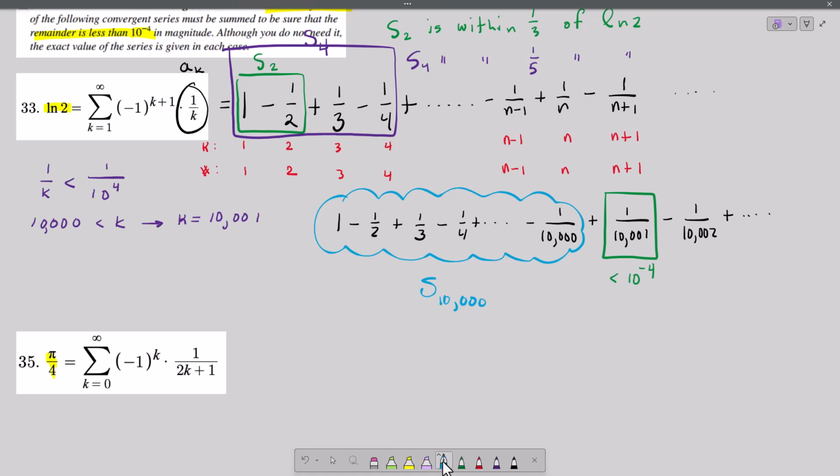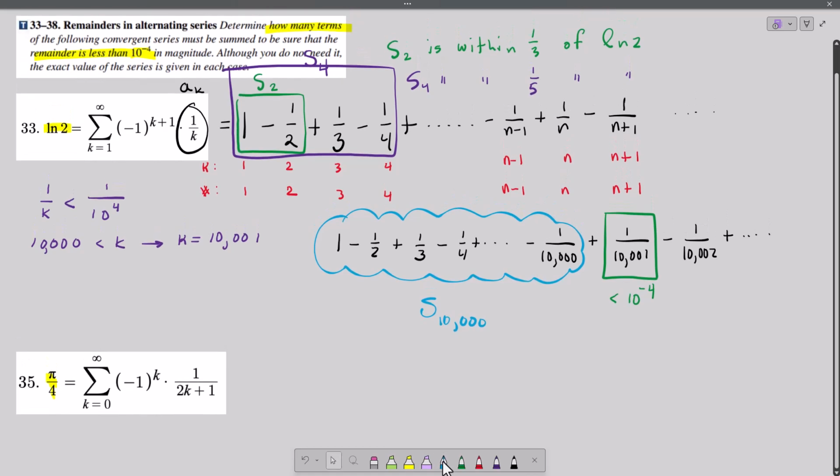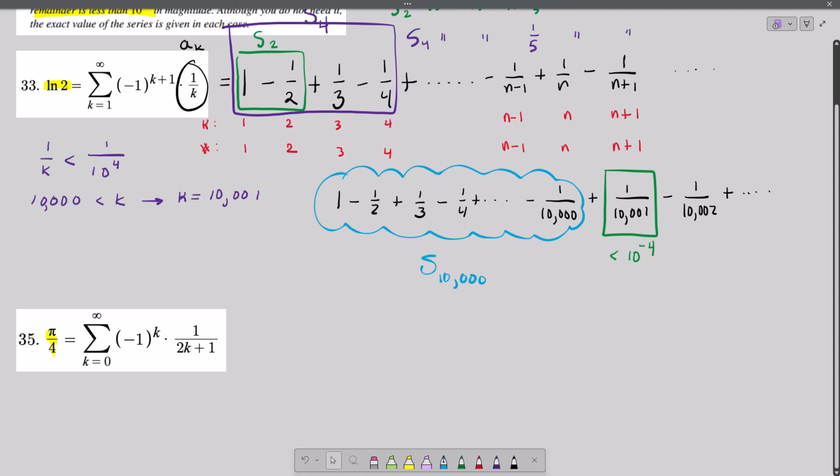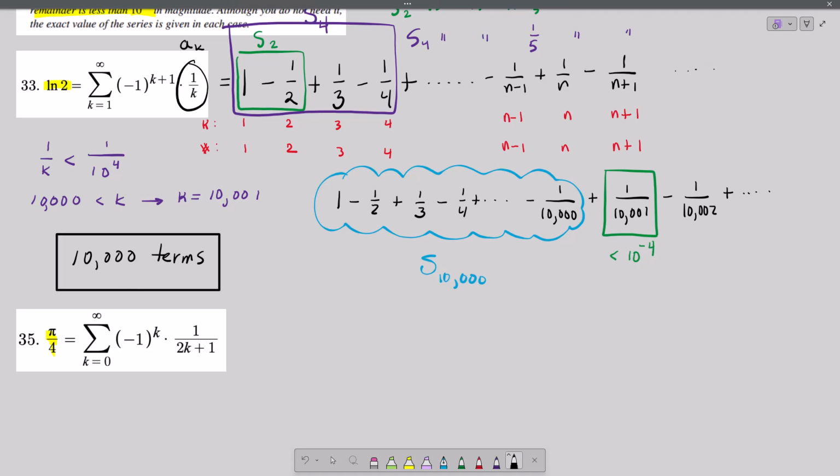So we want to add up all those. How many terms do we need? Our answer is 10,000 terms.